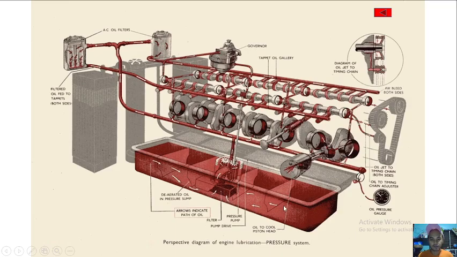So it is sucked from the sump tank, going through a filter and through a pump, and this pump will push or deliver the oil into the main bearing, into the cam.